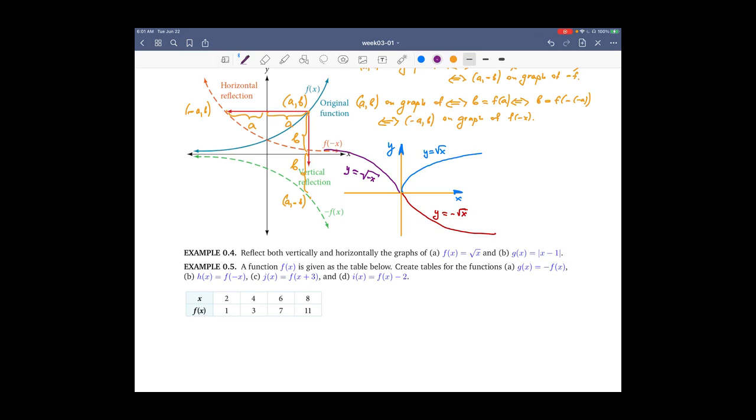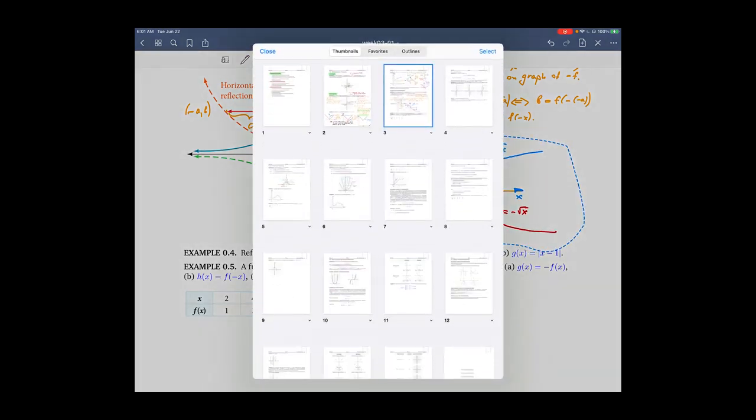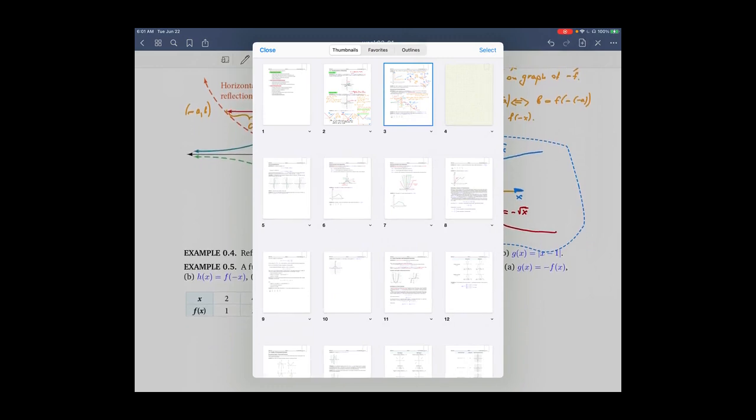Now, what about the other example? Absolute value of x minus 1. Let me perhaps create a new page, because I'm running out of space here.